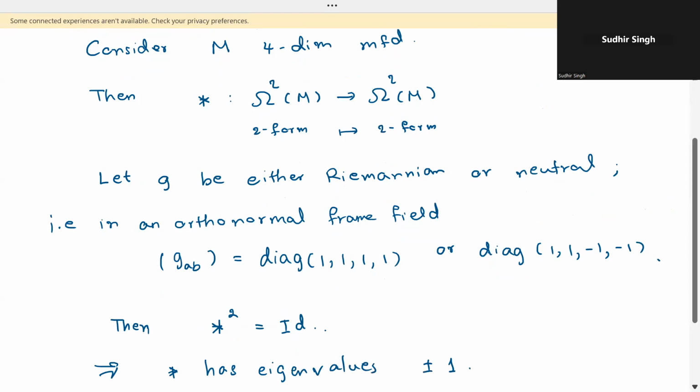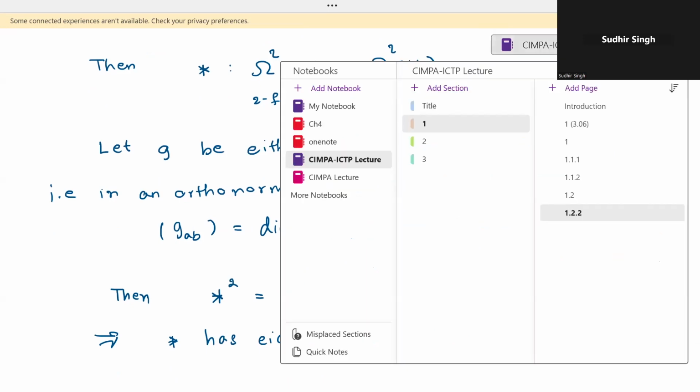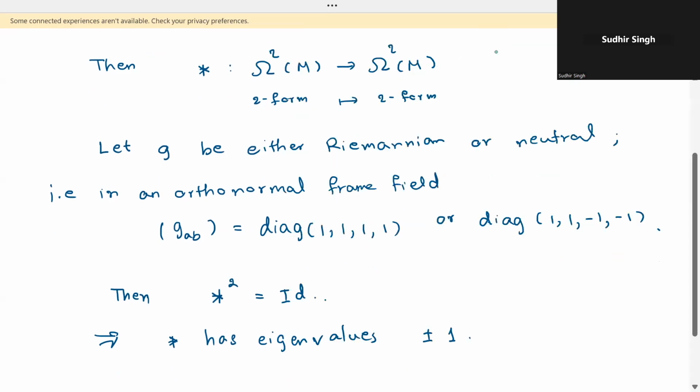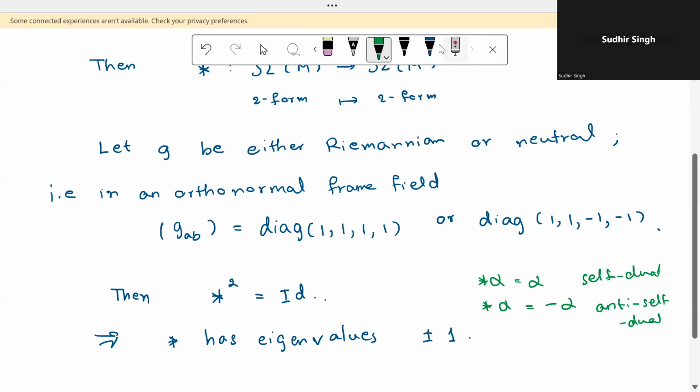Then we can consider two forms that satisfy this property. If a two form is an eigenvector of eigenvalue 1, you have this, and if it is an eigenvector of eigenvalue -1, you have this. And then we say that this is self-dual and this is anti-self-dual. Okay. Let me write this down.